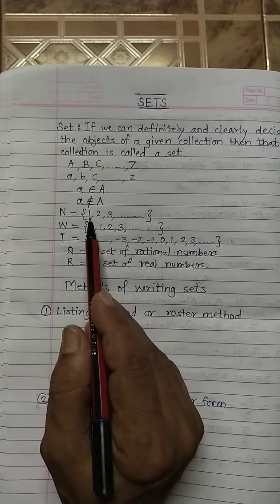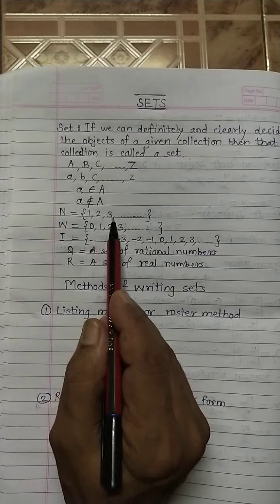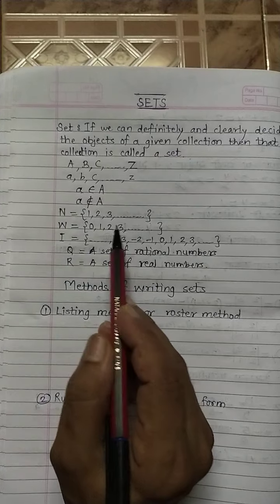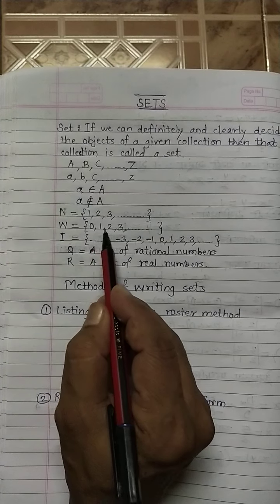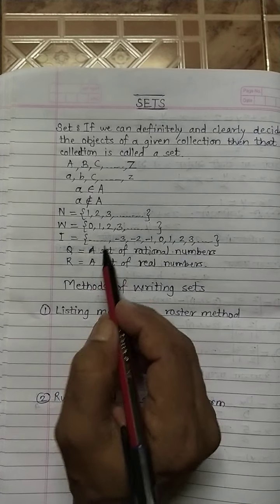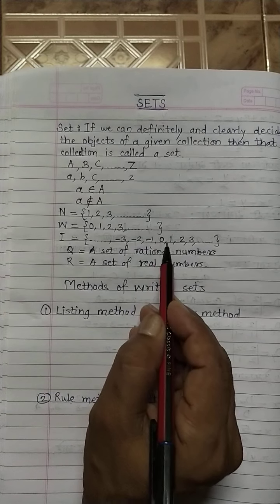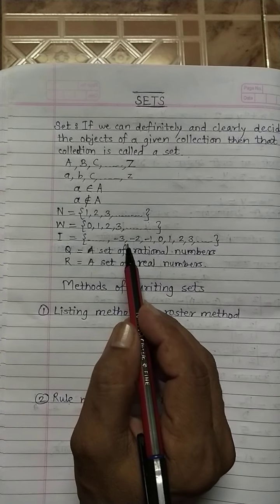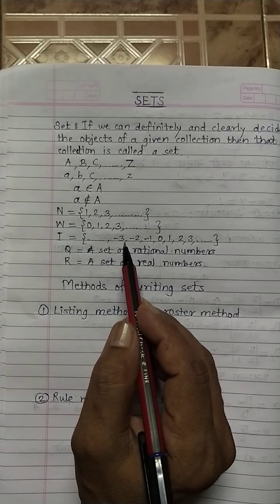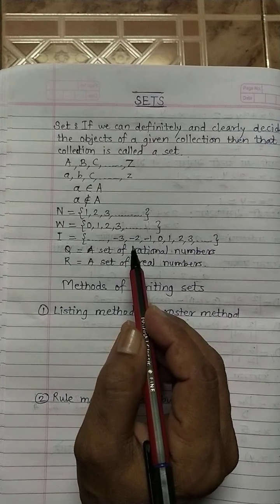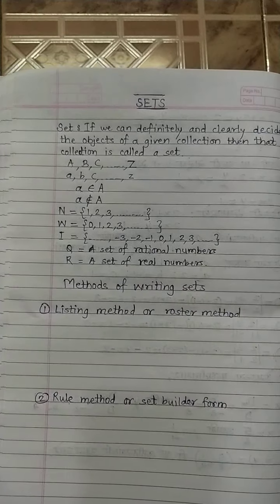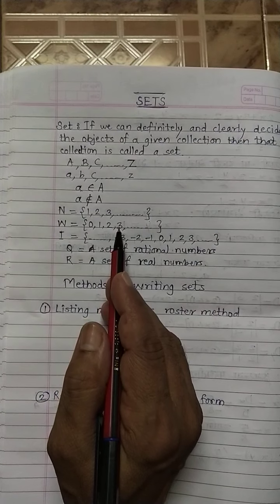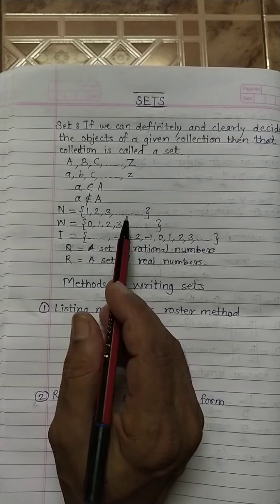Let us see here. All the elements are separated from others by using commas. You can see here in these sets. Now I am telling one thing about it. The order of elements is not important.